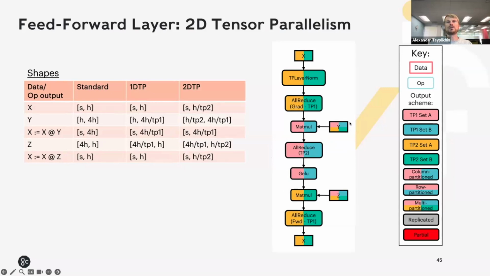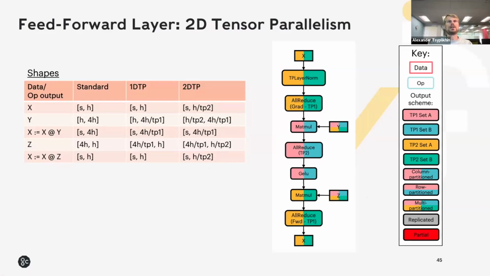In this case, well, each device will contain a slice of the weights sharded not only by the columns, but also by rows.